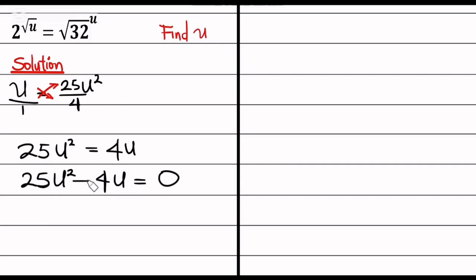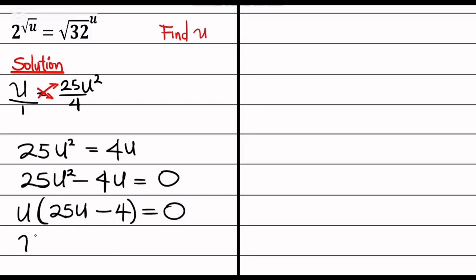Then this is going to become u into 25u minus 4, then close this, and this is going to be equal to 0. Then if we multiply two things and we get 0, that shows that either the first one is equal to 0 or the second one equals 0.